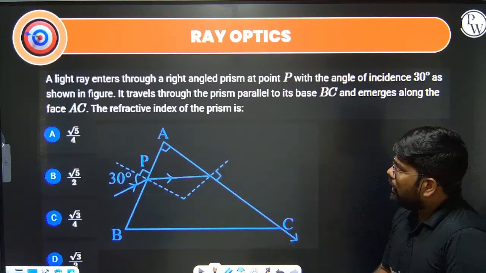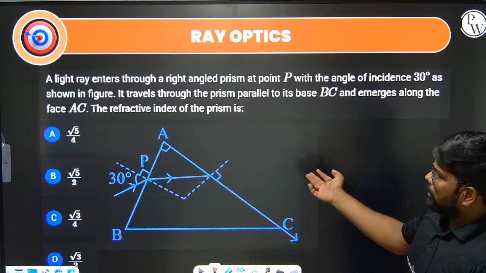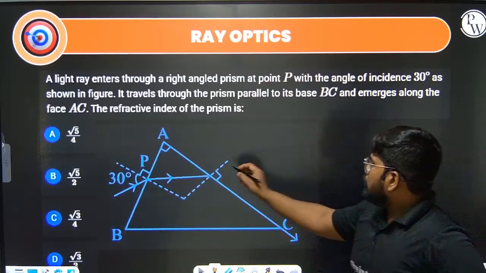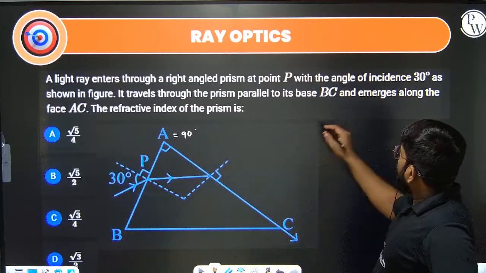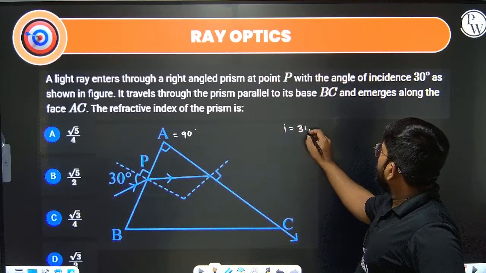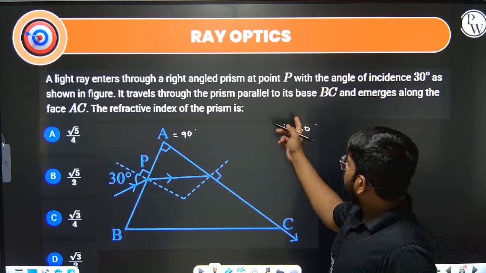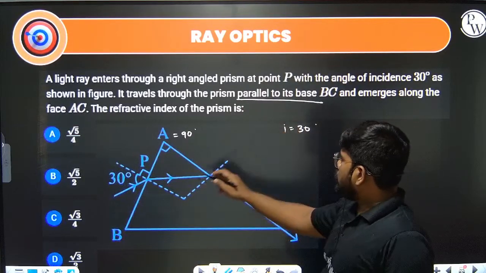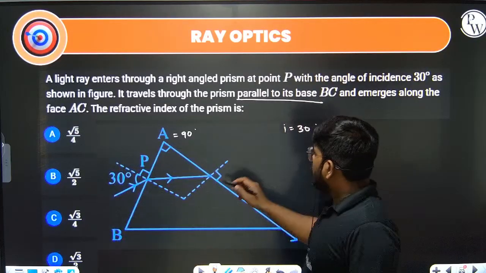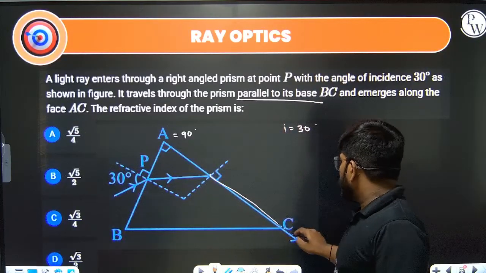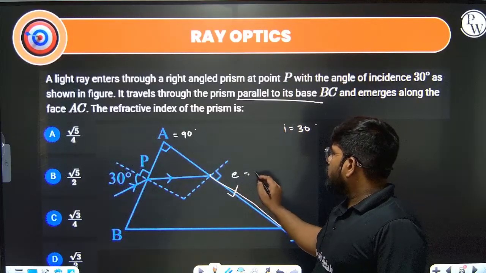A light ray enters a prism, again a right angle prism. A is given as 90 degrees, fine. And the angle of incidence is given as 30 degrees. And light travels in the prism parallel to its base, and it emerges along the face AC. E is given as 90 degrees.